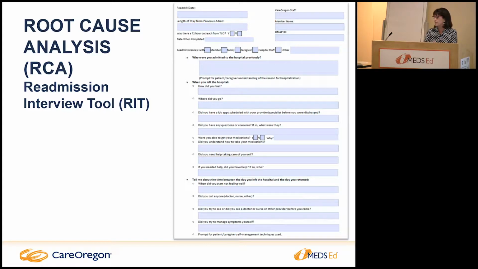These were basically developed for hospitals to do readmission interviews with patients and their families. They can be used across the spectrum. And we have been doing that here at CareOregon with our transitional care program for the last year and a half or so. We've modified the tool a little bit to make it more pertinent to what we're doing. But these are really good analyses to do.